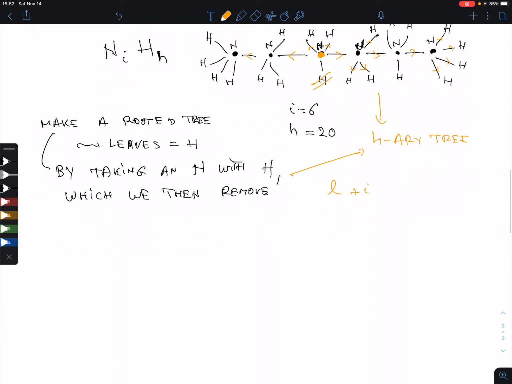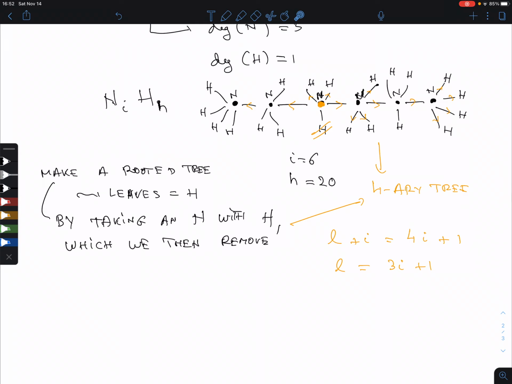So L plus I is 4i plus 1. Now we solve for L, that is 3i plus 1. Now remember, L is the number of leaves in this truncated molecule in which I took away one of the hydrogens. That probably makes it extremely unstable, so probably this was a major explosion in my laboratory.